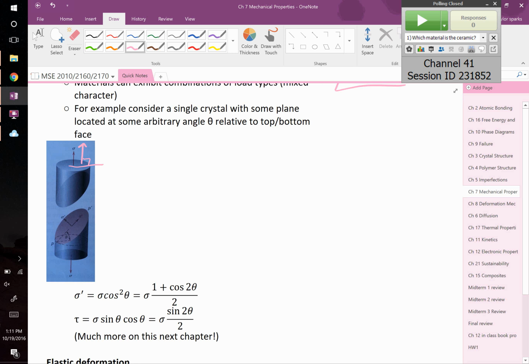However, we could imagine that somewhere within this material, along this plane, which is tilted by some degree theta, you now have both a resolved tension and a resolved shear on that plane, right? So resolved tension and resolved shear are a function of whatever plane you're talking about, okay? So we have formulas for those, right?